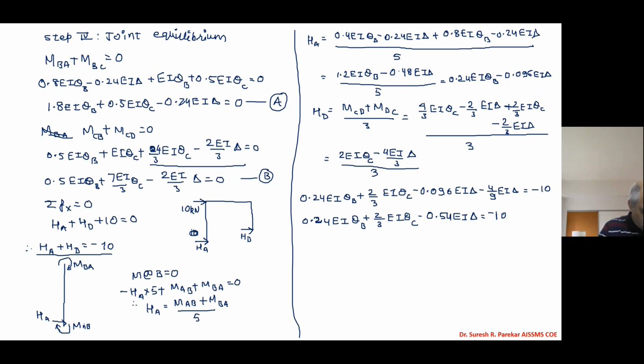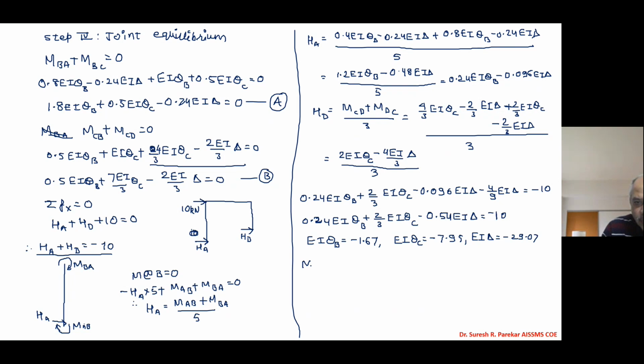So we have this equation, and if we solve it, we are going to get EI theta B as minus 1.67, EI theta C as minus 7.95, and EI delta as minus 29.07.